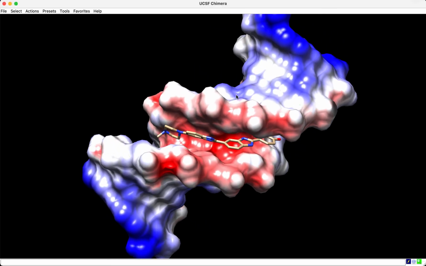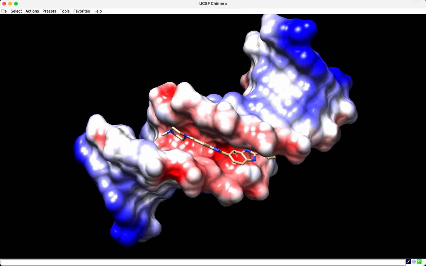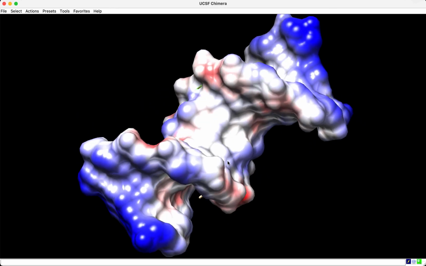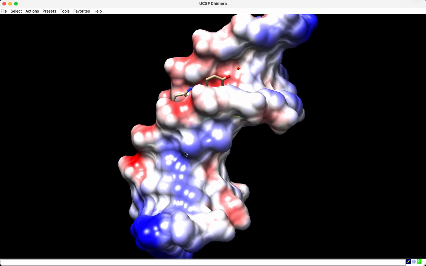Now you can tell what we see here, okay? Remember, red is the most negative potential. So here is where I have the most negative potential. Let's spin it around and see what's going on around it. So I see white, a little bit of red here and there, but mainly blue on the ends, and then white on the major groove, and a little bit higher values here where you see the blue.